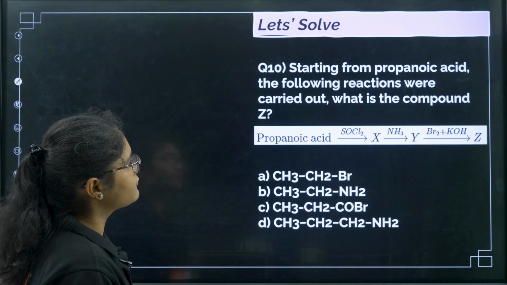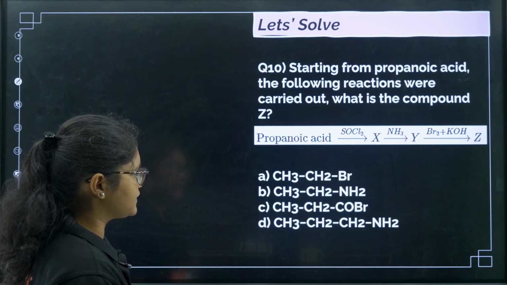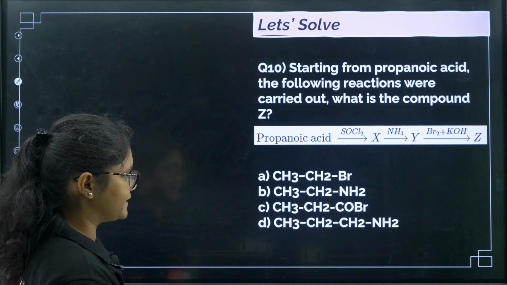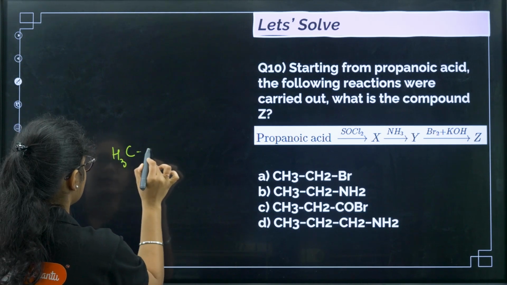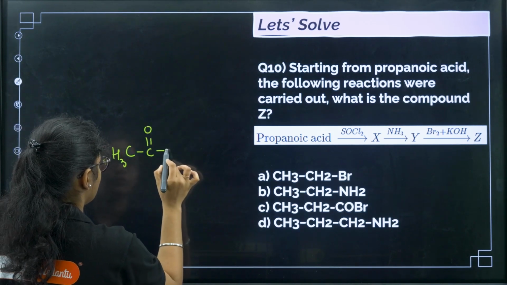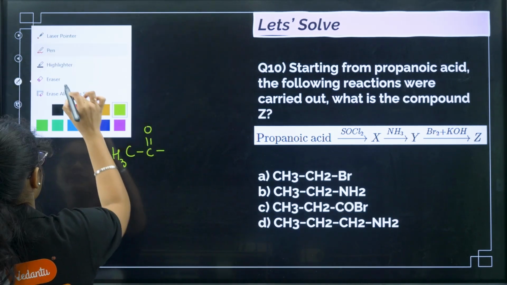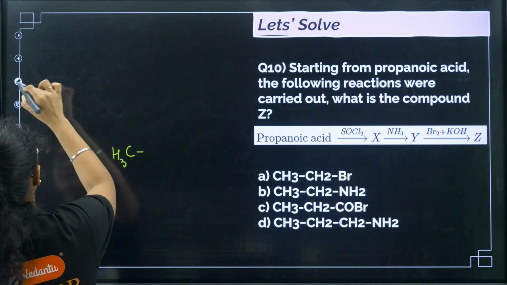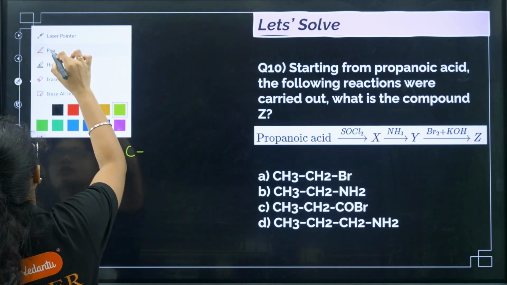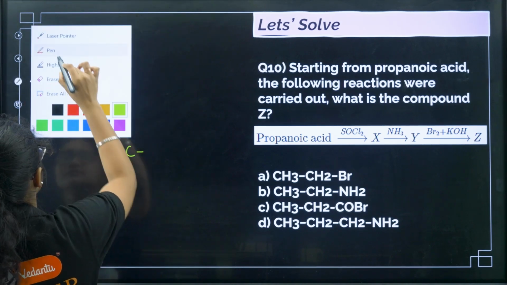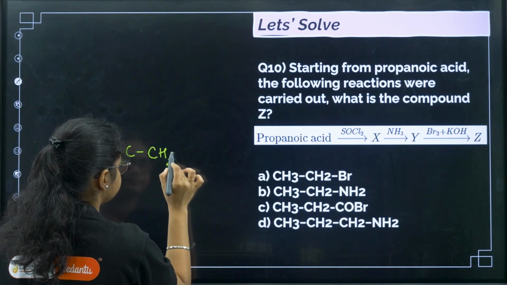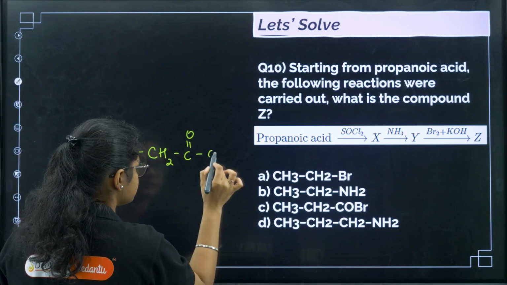Next, starting from propanoic acid, the following reactions were carried out. What is compound Z? If you see propanoic acid, that is CH3CH2COOH, right?